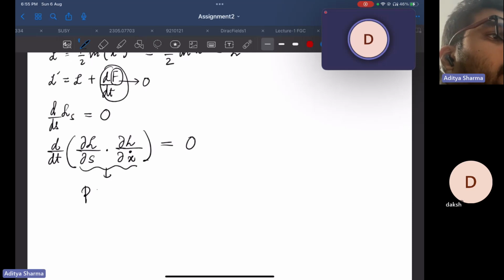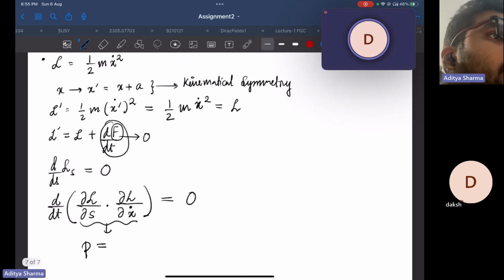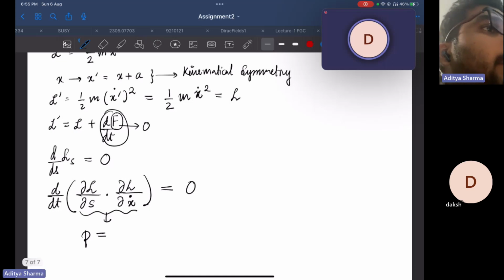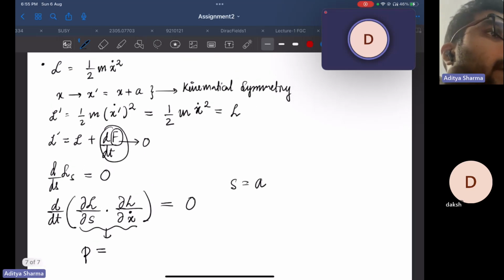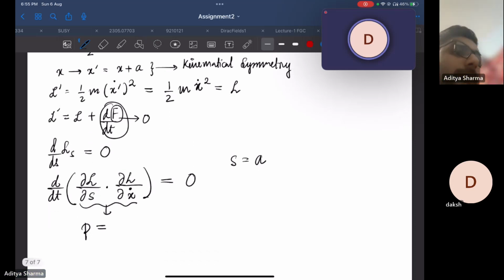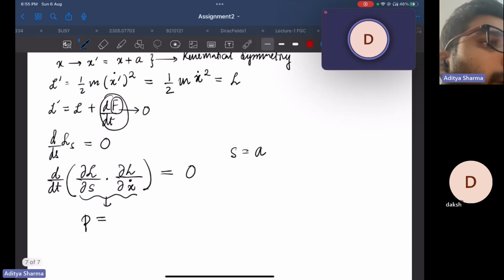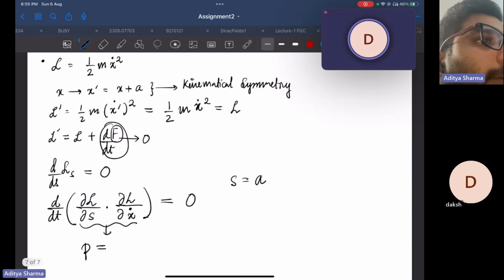I'll call this constant P. Now dL/ds, in our case, s is a, the quantity by which we are doing the deformation of the Lagrangian. So dL/ds is just 1, times dL/dx dot, which is m x dot.